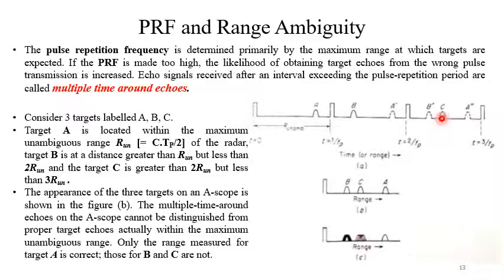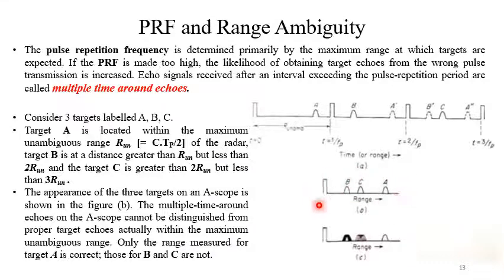So the echo received from C is actually due to the pulse when it was transmitted, and C was at such a distance that the previous 2 pulses took so long that the echo for the last 2 pulses is coming to the radar receiver during the current pulse time.